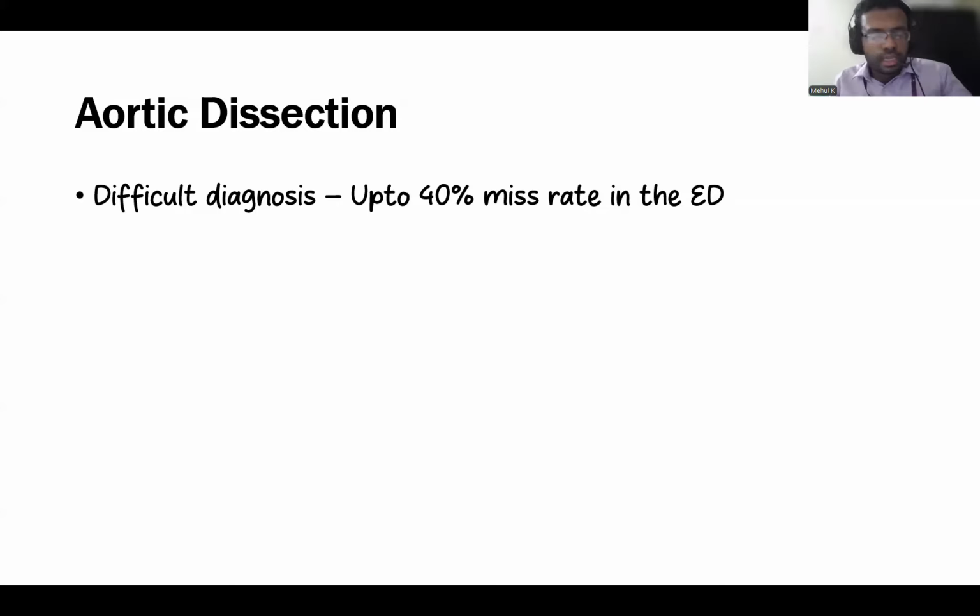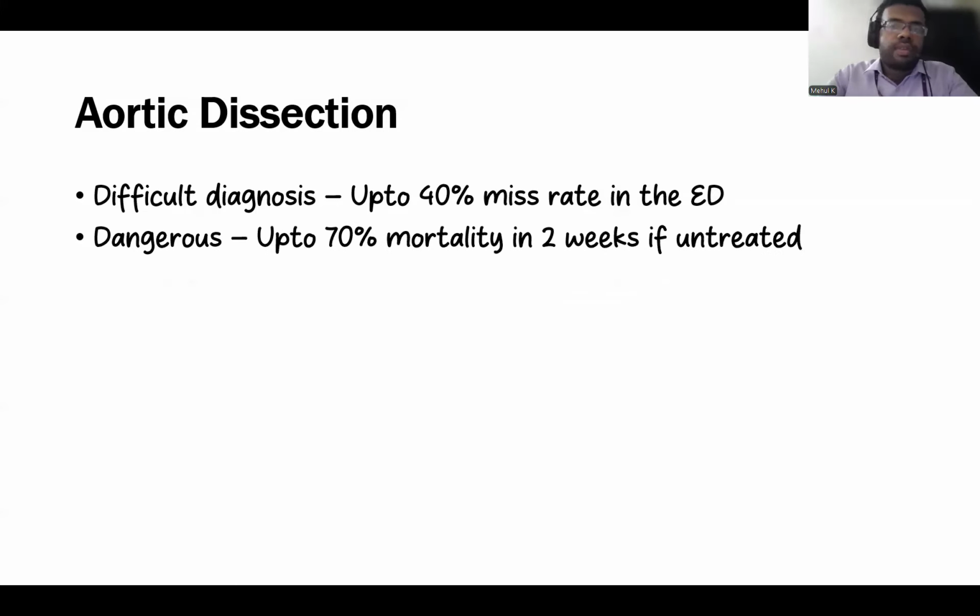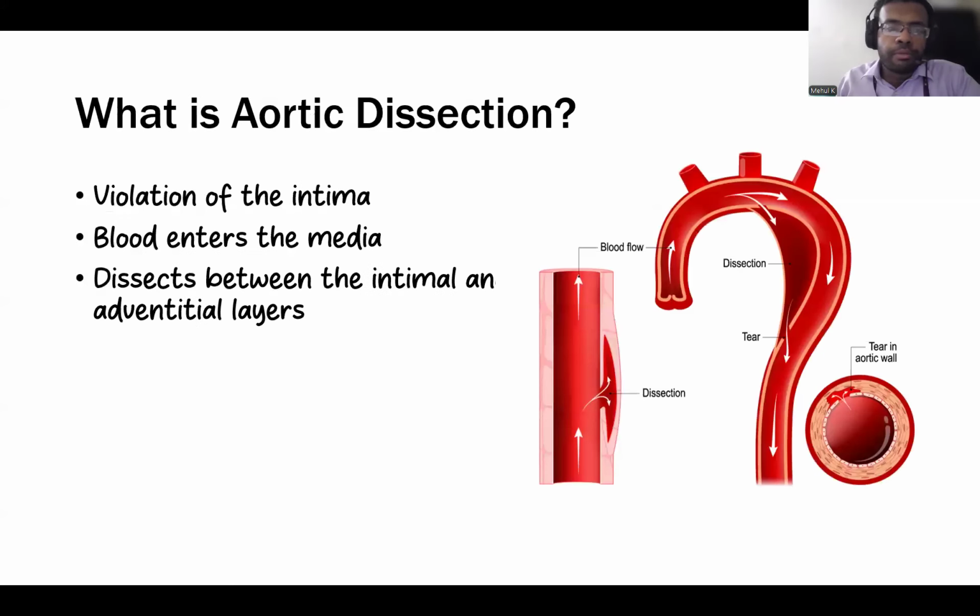You do not actually diagnose it initially. And it is very, very dangerous. If you don't actually treat it properly, it has a mortality rate of up to 70% in the first 2 weeks, depending on the type and all. So it is difficult to diagnose and it is pretty lethal. That is a very dangerous combination to have.